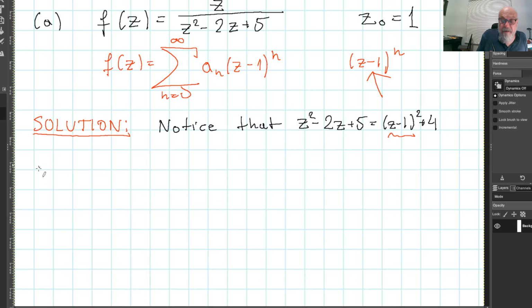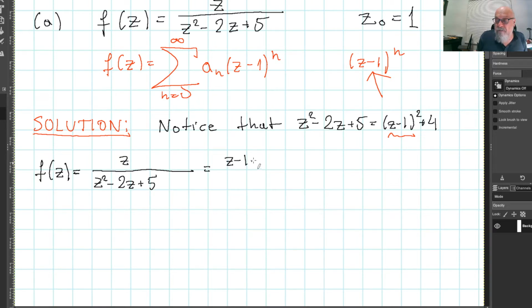I replace the denominator by z squared minus 2z plus 5, and the numerator is z. So I put here z minus 1 plus 1, because I want exactly these powers to appear. And then I have here (z minus 1) squared plus 4.